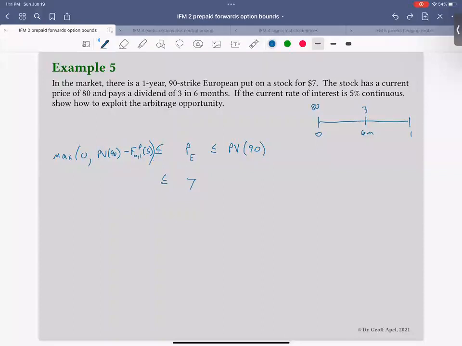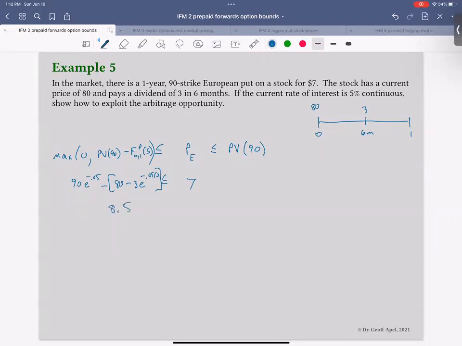So let's just compute it out. Present value of 90. I've got 5%, so 90 e to the negative 0.05, minus the prepaid forward on S. S is 80 minus 3e to the negative 0.05 over 2. That would be half a year's worth of interest there, right? So let's compute out the left side: 90 e to the negative 0.05 minus parentheses 80 minus 3e to the negative 0.05 over 2.